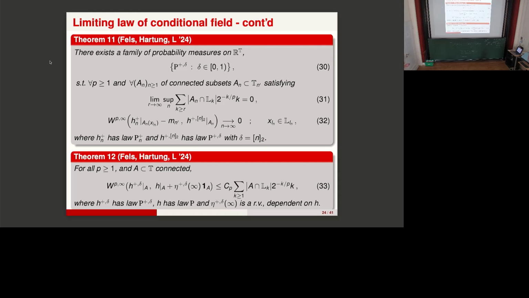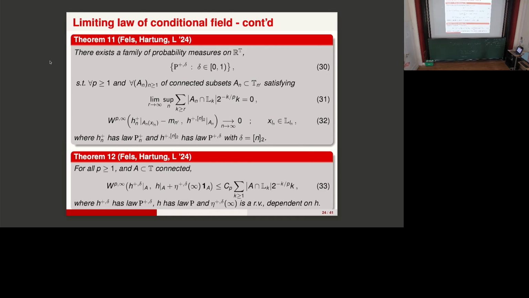So put it differently, after centering, if you evaluate a conditional field on A_n starting from a vertex in L_n, it converges, it's asymptotically the same as the field on A_n having this law.